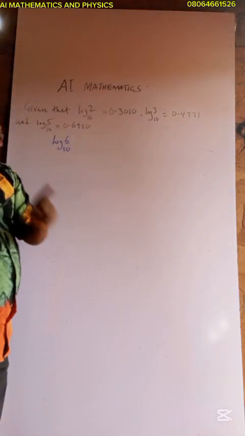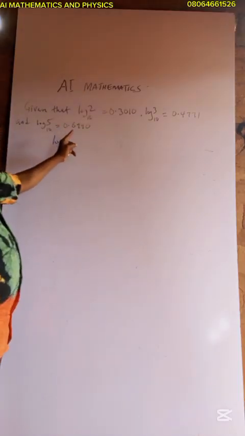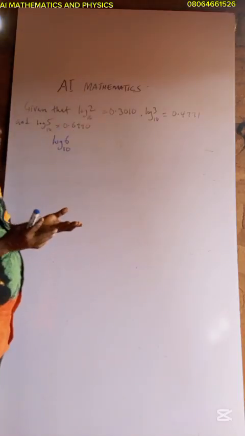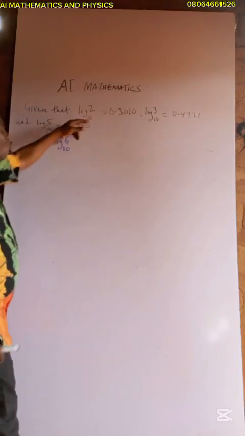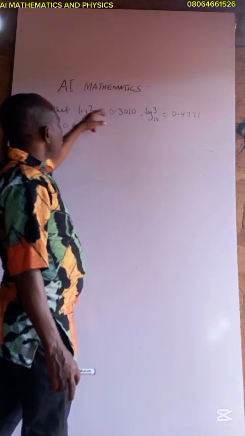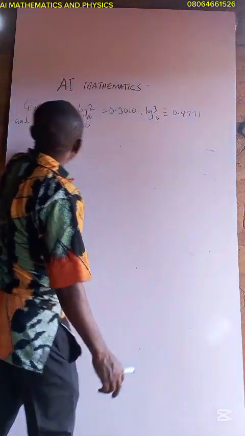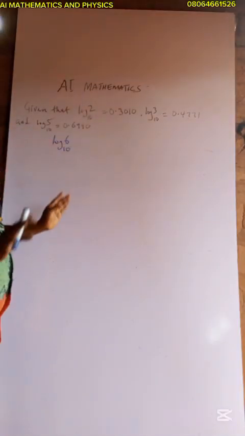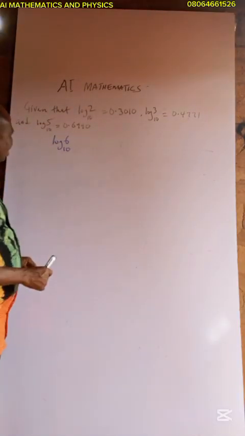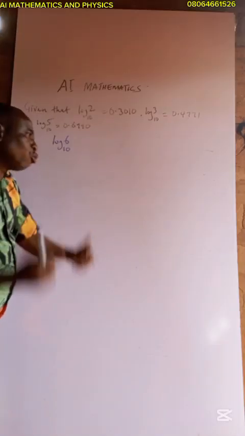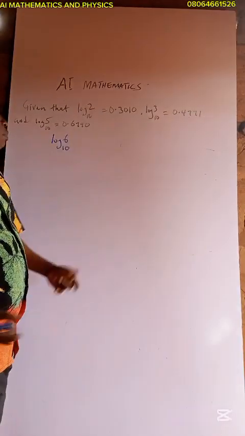But what you need to do when you see this kind of question is simplify and manipulate, so that log 2 base 10 or log 3 base 10 or log 5 base 10 will come out, or in any other question given to you, remembering all the rules of logarithm with that table.